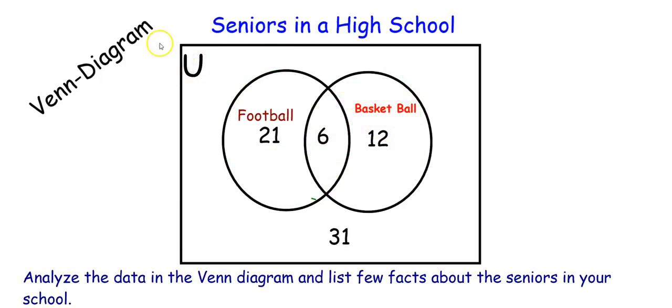Now this U represents the universal set. It contains everybody; all the seniors put together will come under this universal set.